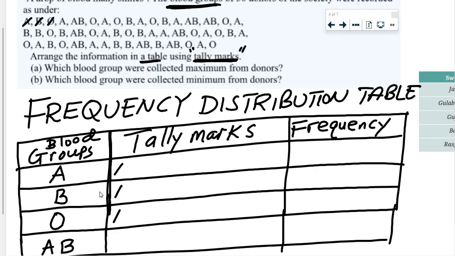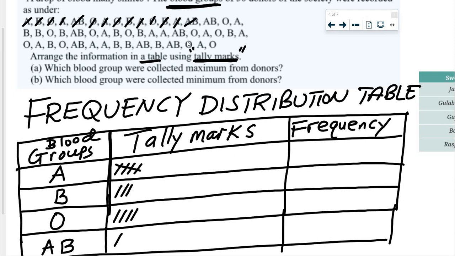O, A, AB, AB, O, A, O, B, A, O, B. A has 4 already, so make a bundle of 5.